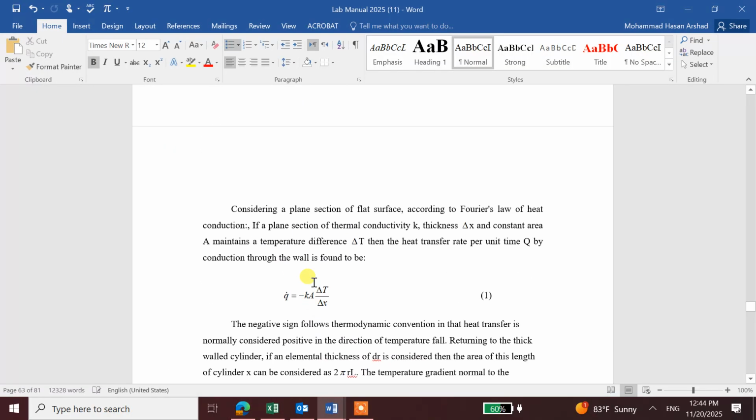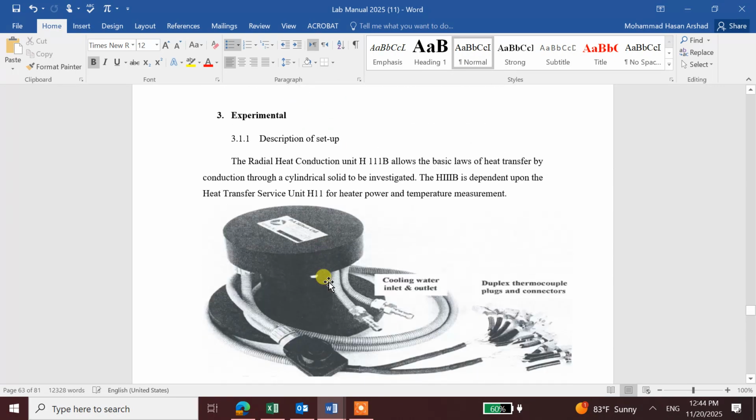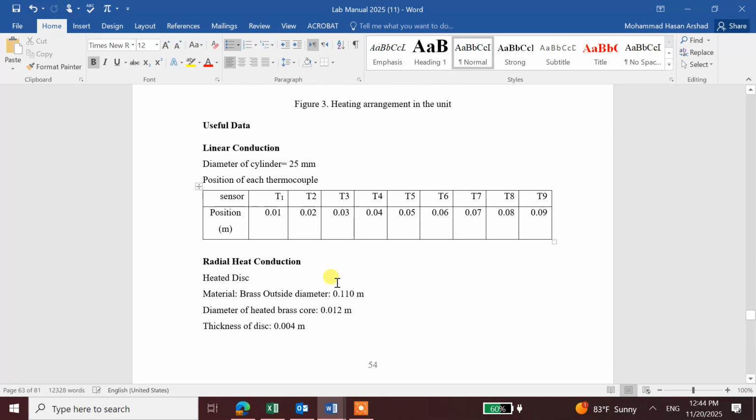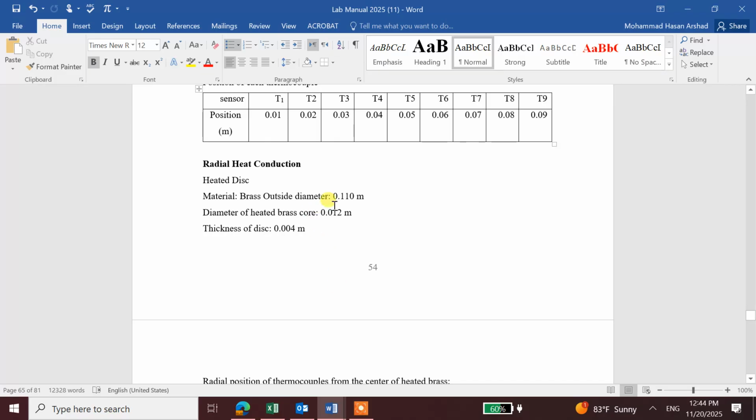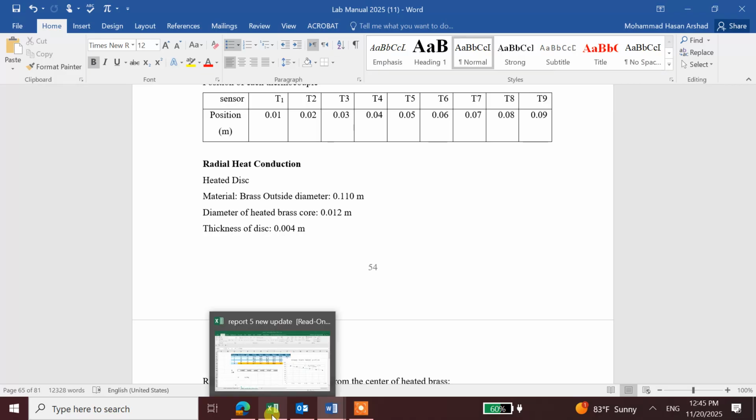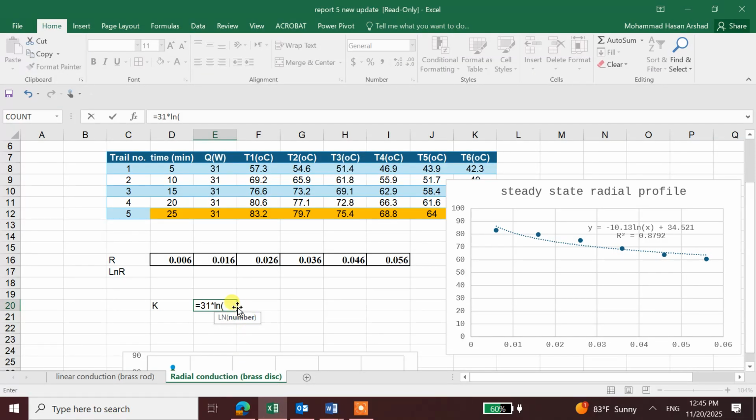If you look here, the outer diameter is 0.110. This is the diameter, so divided by 2.